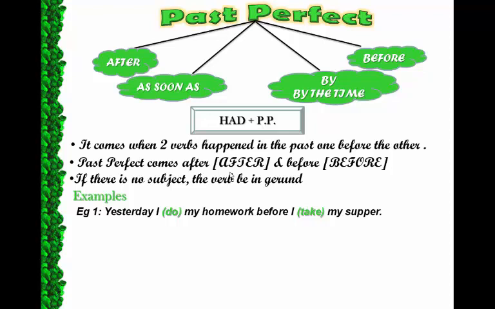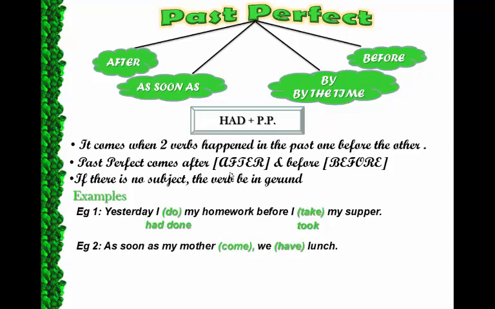Doing the homework happened first and then taking the supper. So we have here the word before. We should use the verb before the word before in the past perfect. So yesterday I had done my homework before I took my supper.